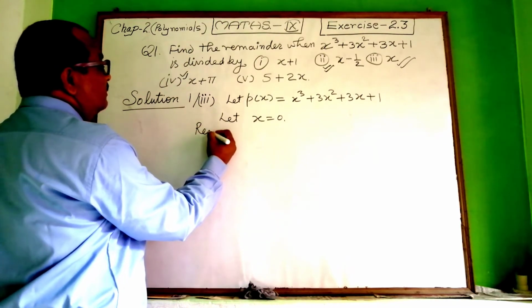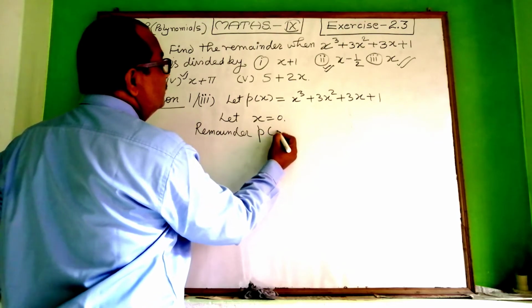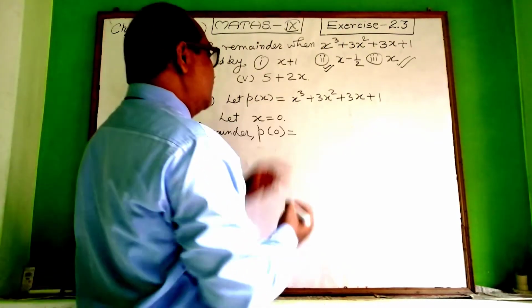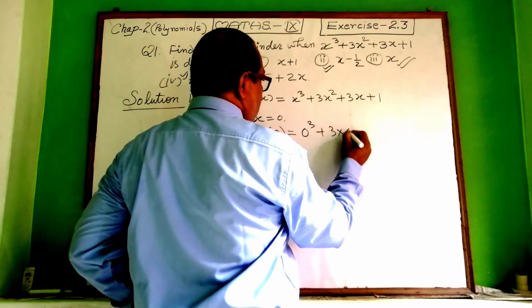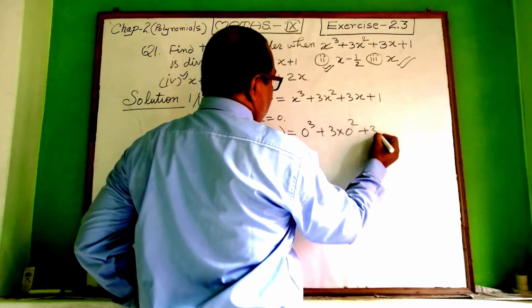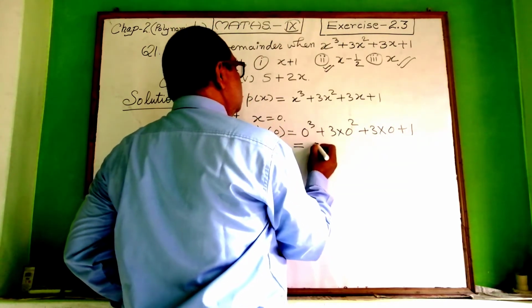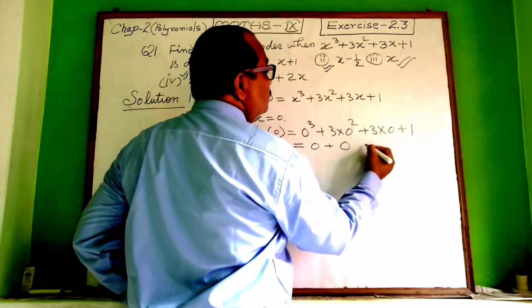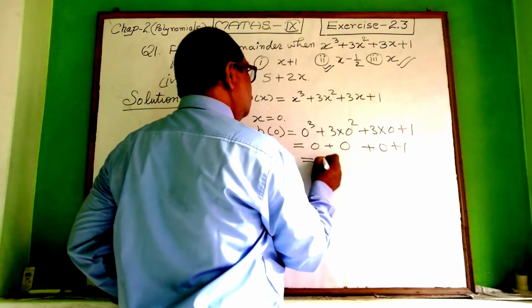So the remainder you can find like this. Remainder will be p(0). Now putting here the value of 0: 0 cube plus 3 into 0 square plus 3 into 0 plus 1. So it is 0 plus 0 into 3 again 0, 0 into 3 again 0, plus 1. Ultimately you will get 1.